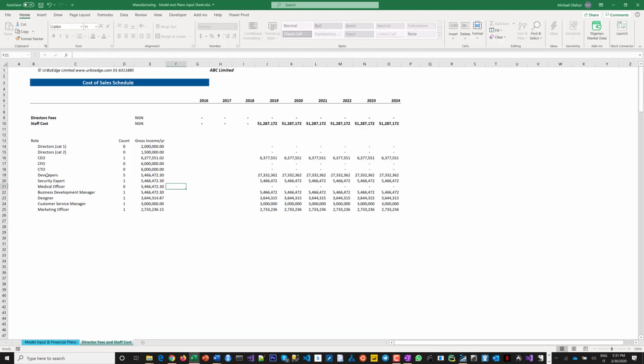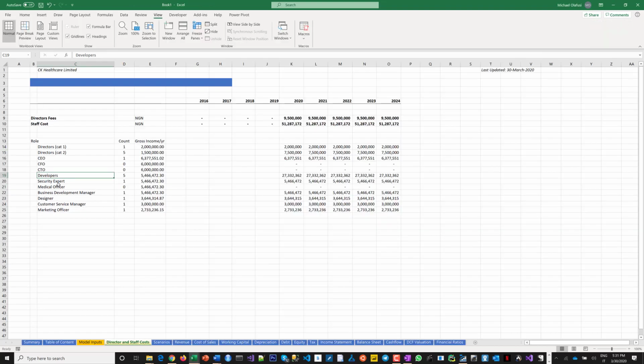Okay, I can modify right here. So instead of developers, they're going to need production managers or engineers.